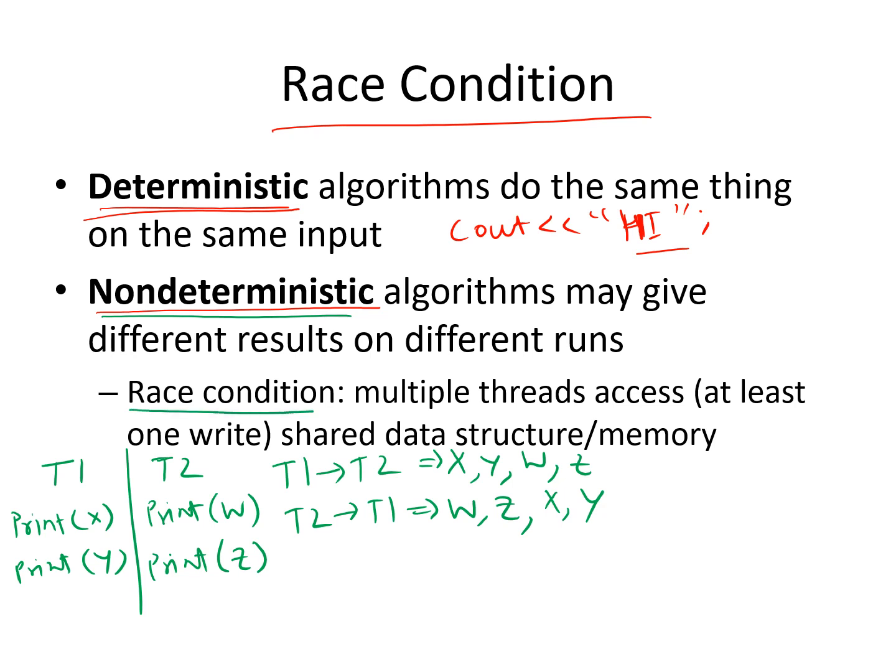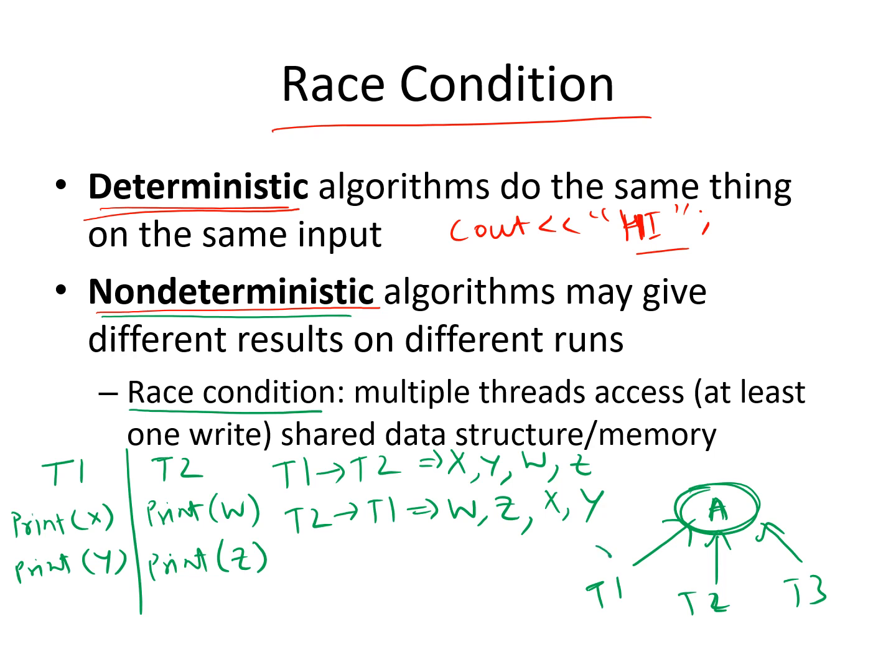Now what is a race condition? A race condition basically happens if, let's say, there is some shared memory. Let's say there is some shared variable a, and multiple threads are accessing the same shared memory, right? So let's say you have thread t1, t2, t3, all of them are accessing this same shared variable a, and at least one of these threads is writing at a, right?